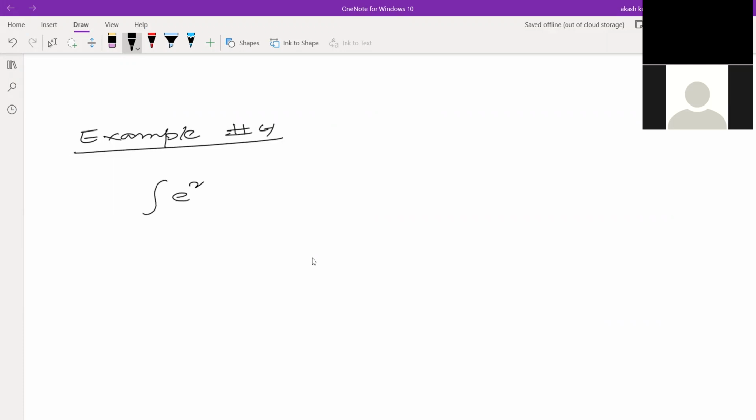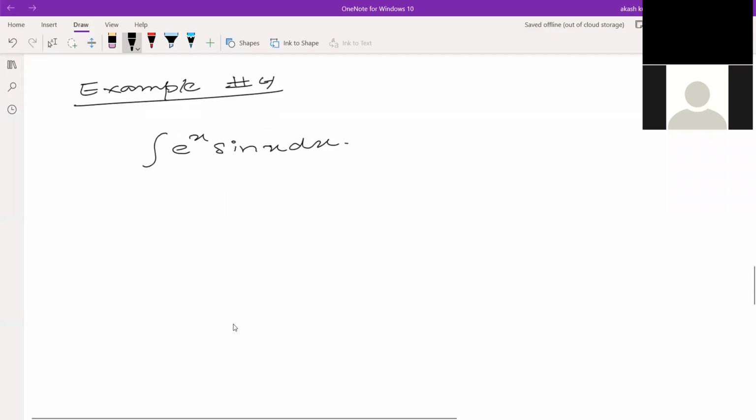Integral of e^x sin x dx. Okay, the concept behind this is that both of the functions are irreducible.